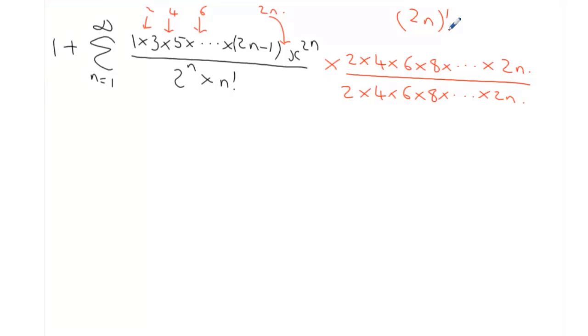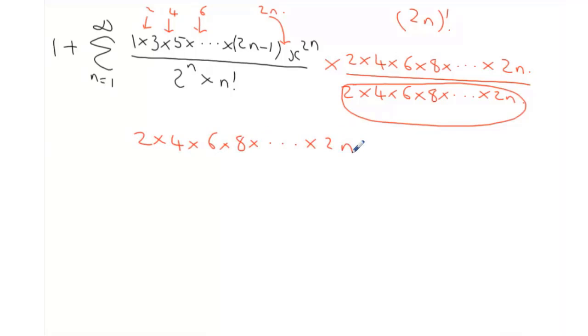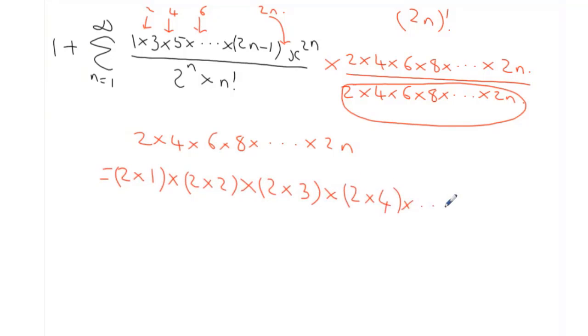Now on the bottom, that is interesting. So I'm going to have to think about this in another way. So this 2 times 4 times 6 times 8 times dot dot dot times 2n, well, it could be written as 2 times 1 times 2 times 2 times 2 times 3 times 2 times 4 times dot dot dot all the way up to 2 times n.